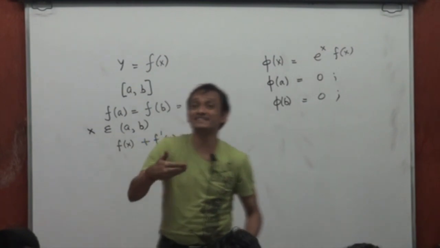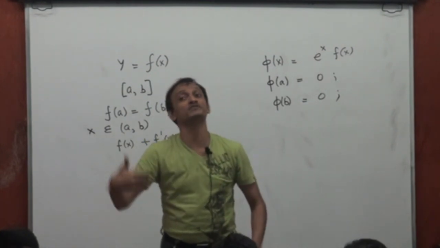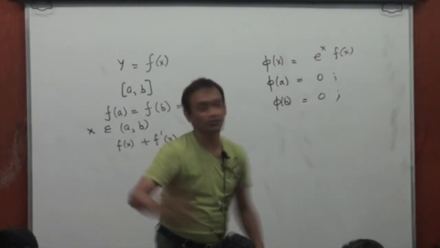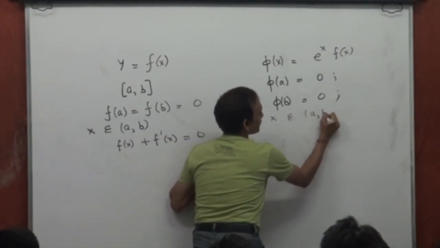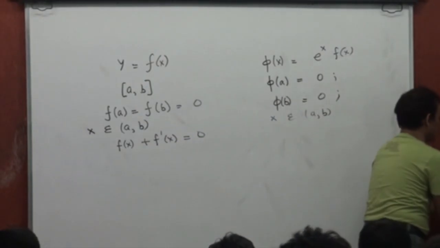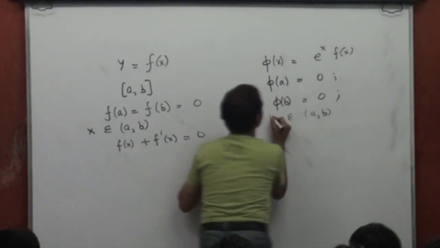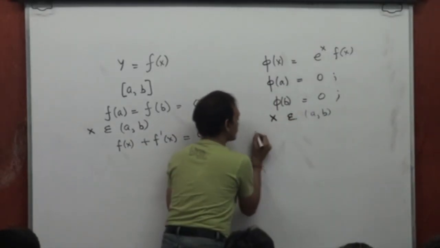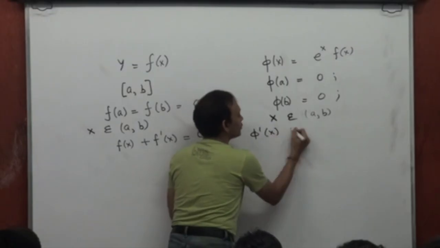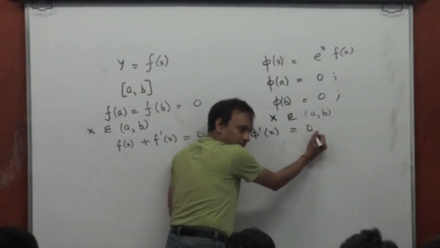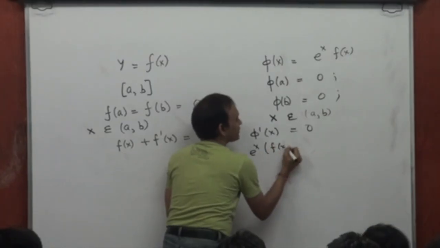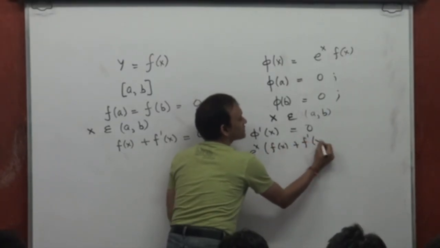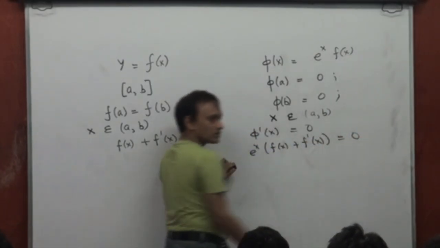So there must exist an x in the interval a to b for which phi dash x is 0. That's Rolle's theorem, right? Phi dash x means e power x into (f(x) plus f dash x) must be 0.